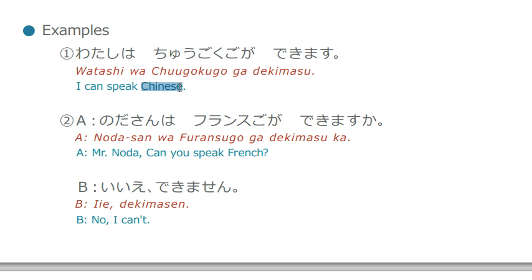Go is a suffix that is added to a country to describe the language spoken by the people from that country. Remember, jin is used for nationalities as a suffix from the previous lesson. Likewise, go, right here, go is used to describe the language.